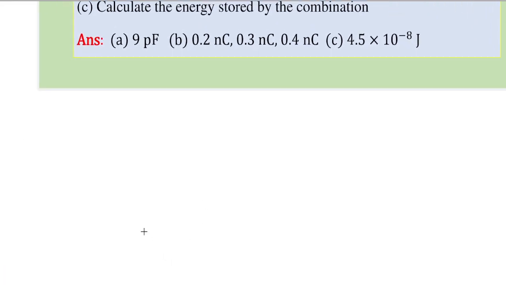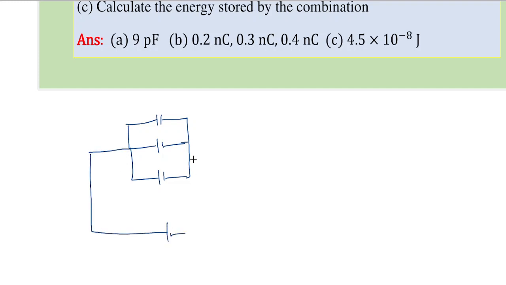The first thing is, let's draw a diagram for this case. There are 3 capacitors, and then these 3 are connected to a battery which provides a supply of 100 volt. Some charge Q would be drawn, and this charge Q divides into 3 parts.